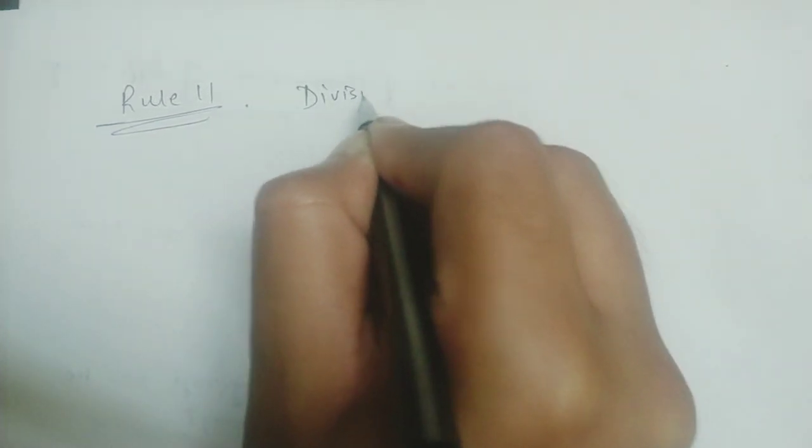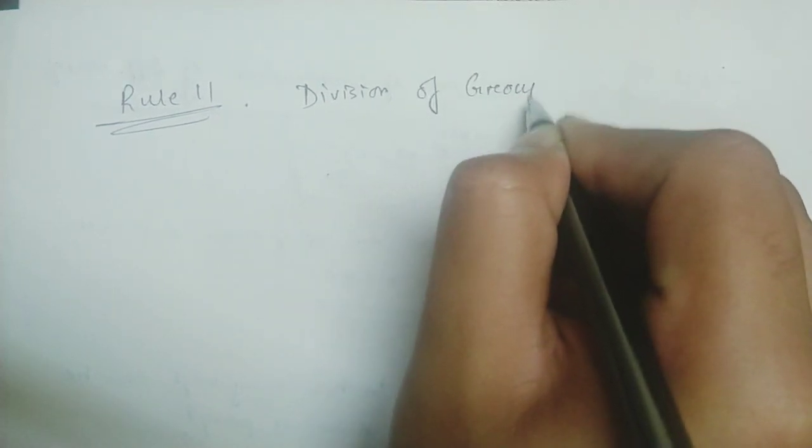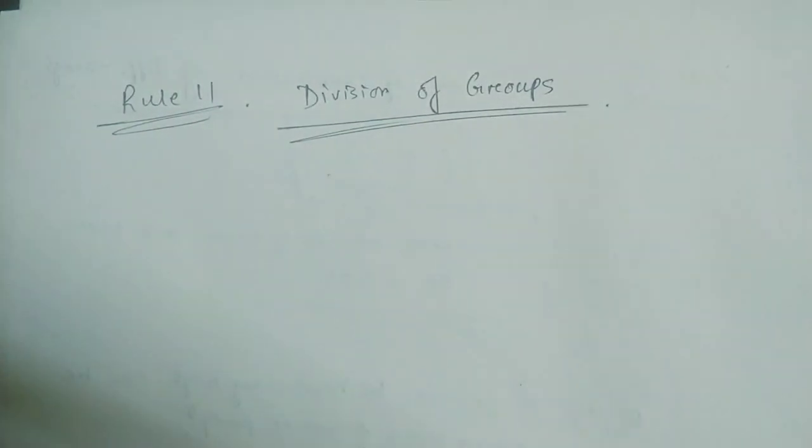Now let us move ahead to understand rule 11. Rule 11 simply talks about division of groups.